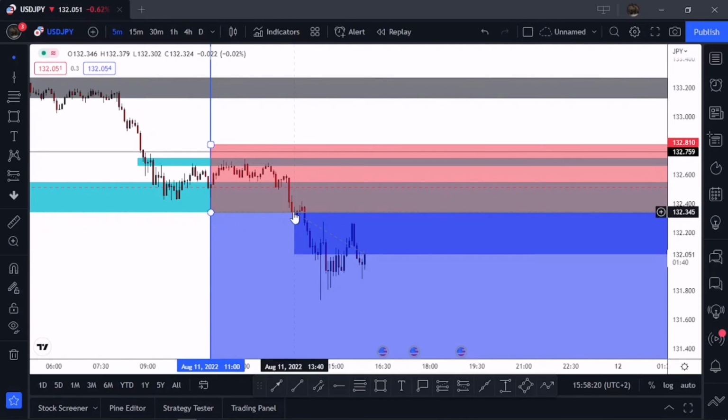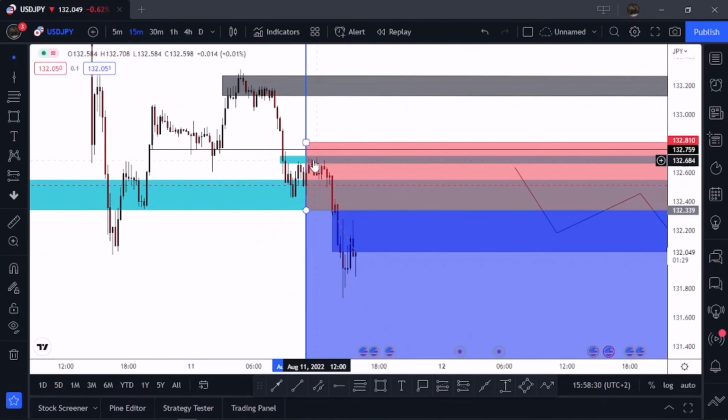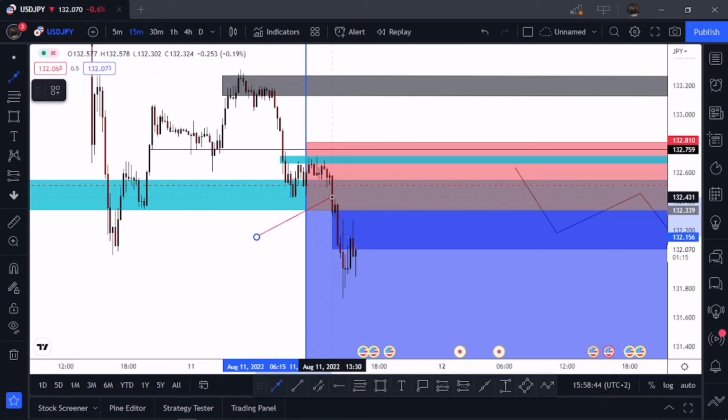This second entry here was what we shared at the VIP group, just to be sure, and I'll also explain why we entered there, because we had the market creating that fall off resistance, maintaining or holding that level, and then we had a bearish 15-minute candlestick momentum.